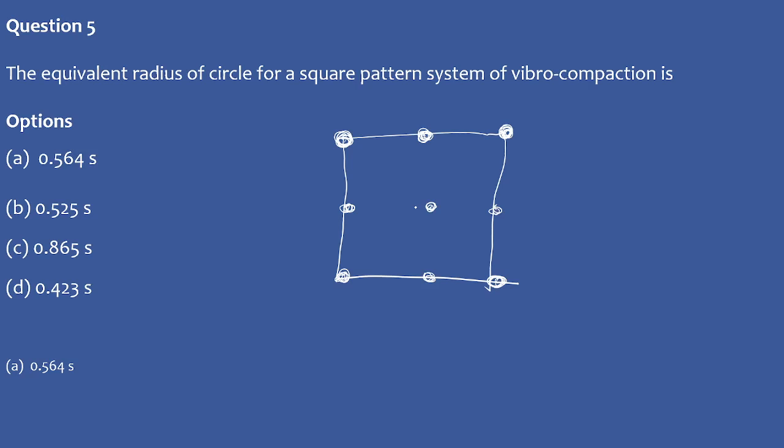If the spacing between any two locations under consideration is s, and we are confining here, since the confinement probe is cylindrical in shape, the corresponding confinement to the nearby soil will also be cylindrical.